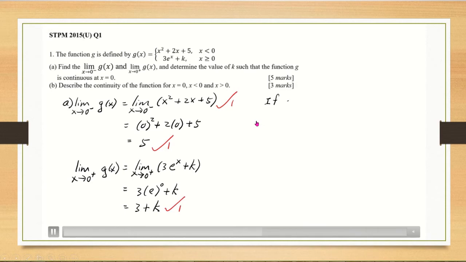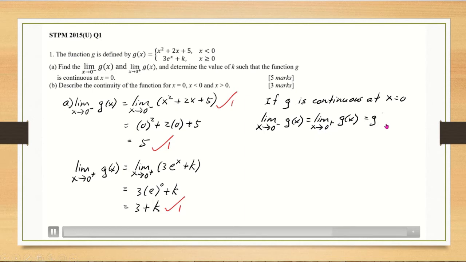Since we are given that g(x) is continuous at x equals 0, we need to write down the formula for g(x) continuous at x equals 0, which is the left hand limit of g(x) as x approaches 0 equal to the right hand limit of g(x) as x approaches 0, which is equal to g(0).